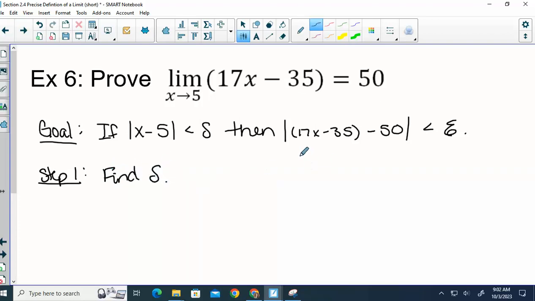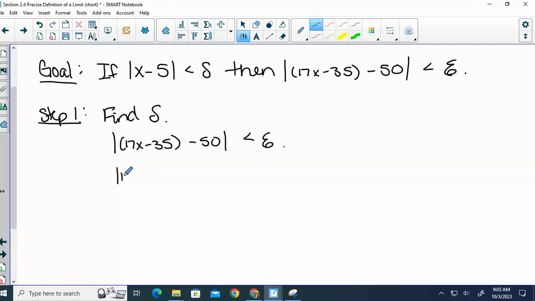So to find delta, we use this final inequality. We're going to work backwards from it. Okay, so we can combine my terms. So the absolute value of 17x minus 85 is less than epsilon. What can I pull out of that? And the absolute value of 17 is 17.